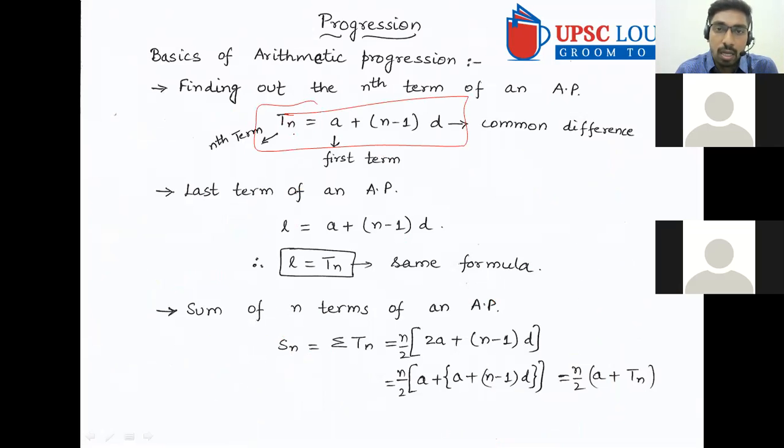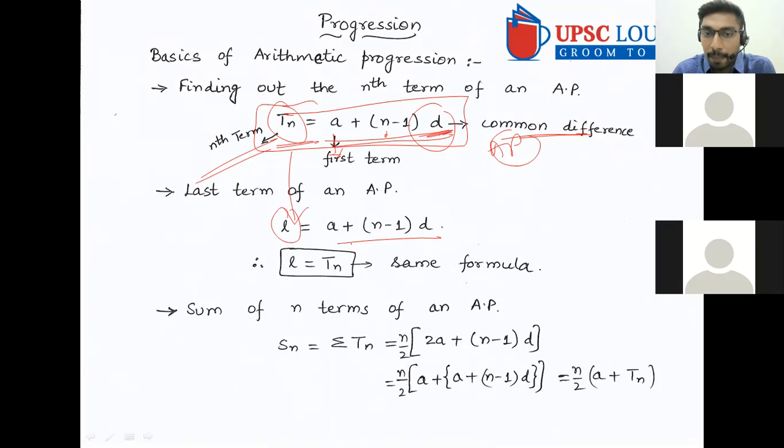I already told you two formulas. One was the nth term. For any AP, Tn equals a plus n minus 1 into d, where a is the first term, n is the total number of terms, and d is the common difference. You can calculate the last term of an AP using the same formula. The other formula was the sum of n terms, n upon 2 into a plus l.